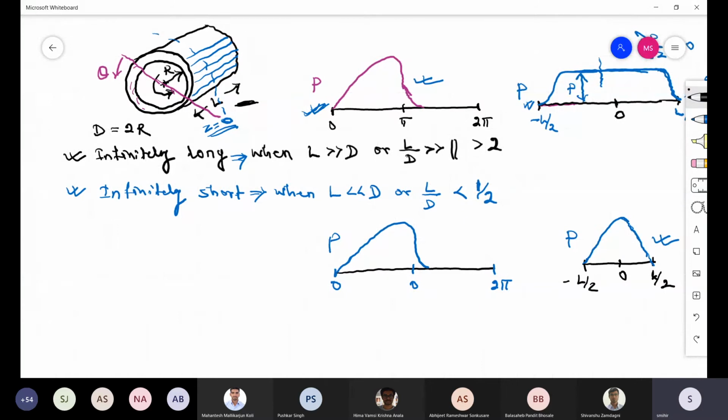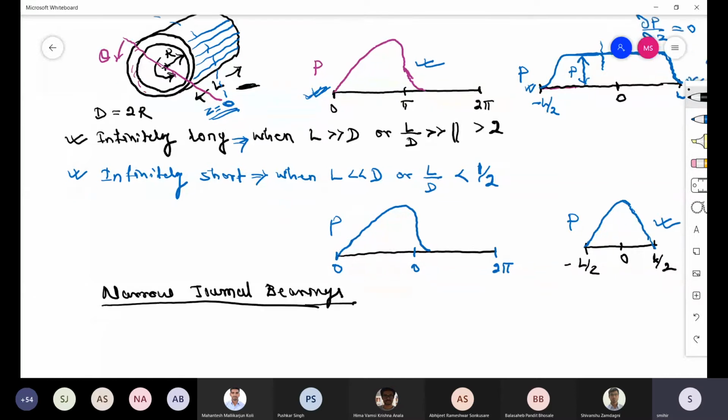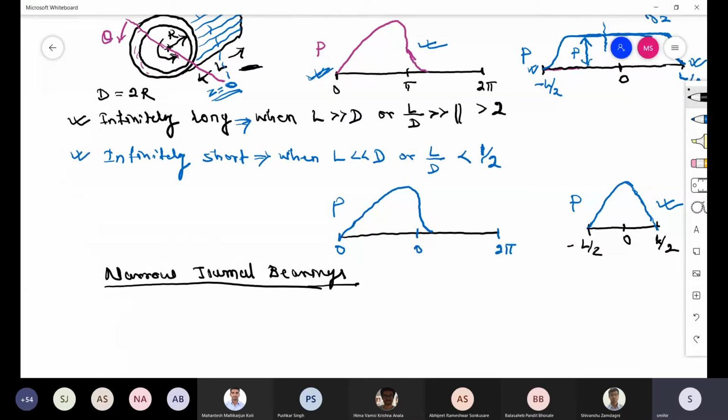So then you can do analysis for short bearings. So short bearing analysis is also known as narrow bearings. This is basically nothing but the infinitely short bearing. Okay. Now the governing equation for this narrow bearing will be like this.